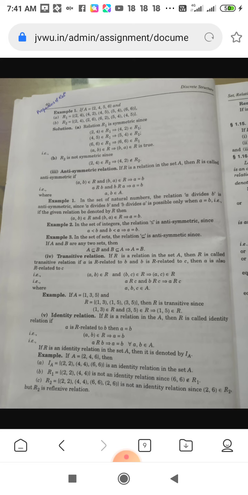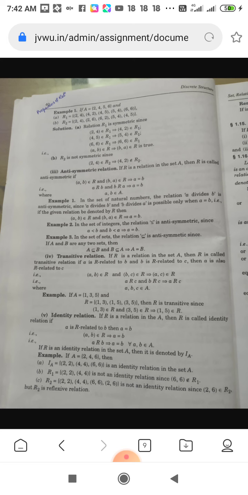Next thing, identity relation. If R is a relation in the set A, then R is called an identity relation if A is R related to B, then A is equal to B. That is, (a, b) belongs to R implies A is equal to B, for all a, b belonging to set A. If R is an identity relation in the set A, then it is denoted by I_A.